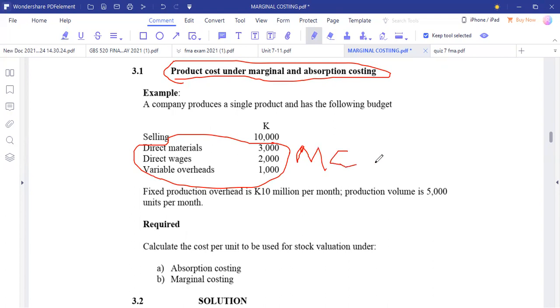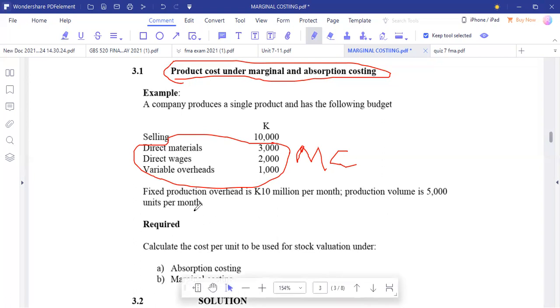The summation of these three, direct wages, direct materials and variable overheads, is the total variable cost: 3,000, 2,000, and 1,000.